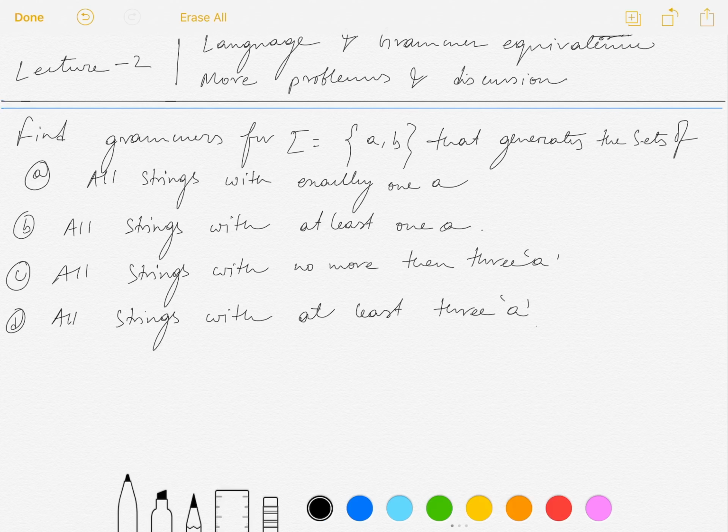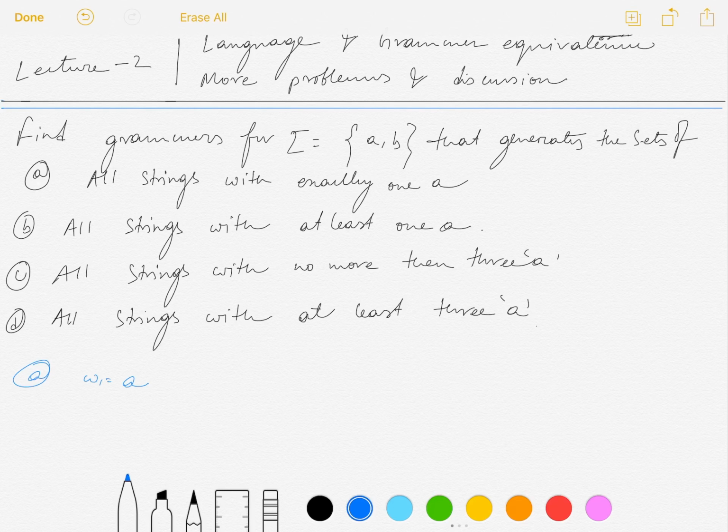So, let us start with the first one, that is, all strings with exactly one A. First of all, it is already told that the alphabet of that particular language is A and B only. If all the strings contain exactly one A, it must contain an A, and B may be there or may not be there.